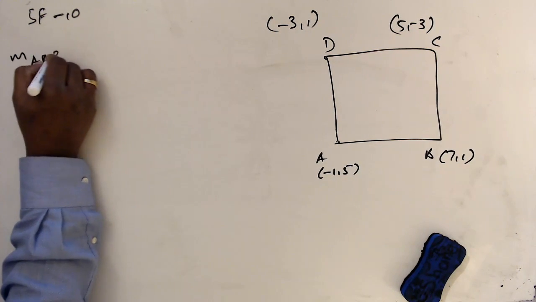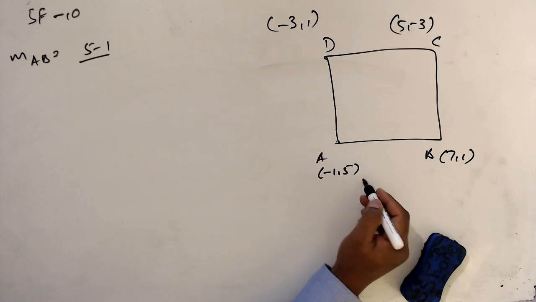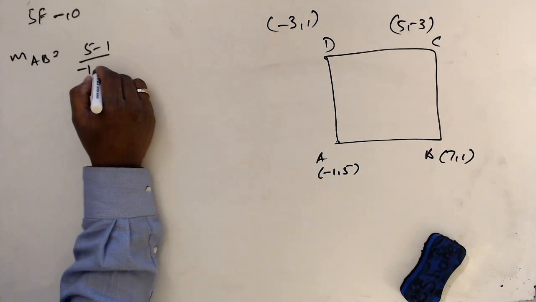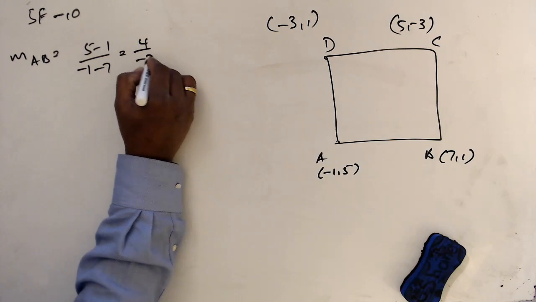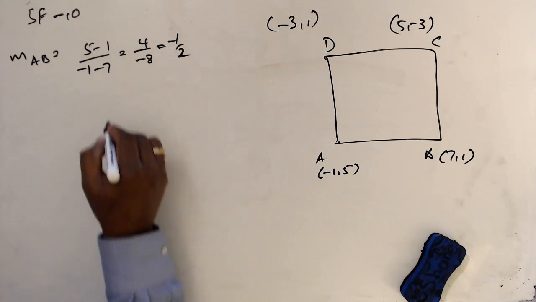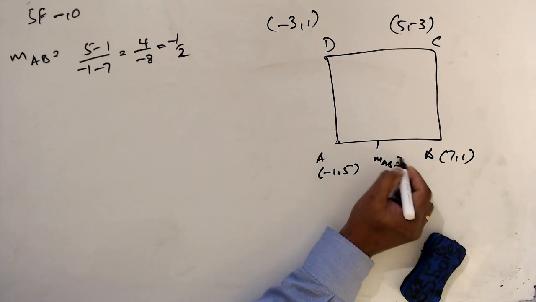Gradient of AB: 5 minus 1 over minus 1 minus 7. This is 4 over minus 8, which is minus half. So mAB is minus half.